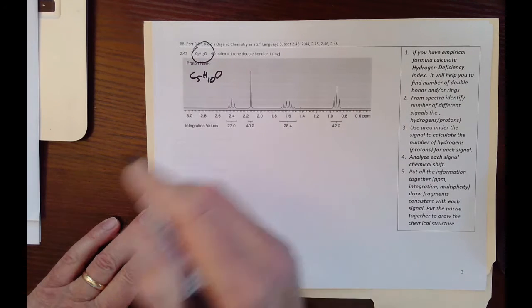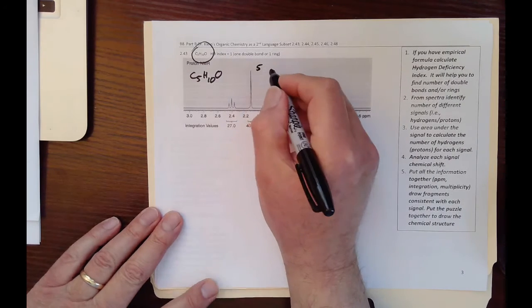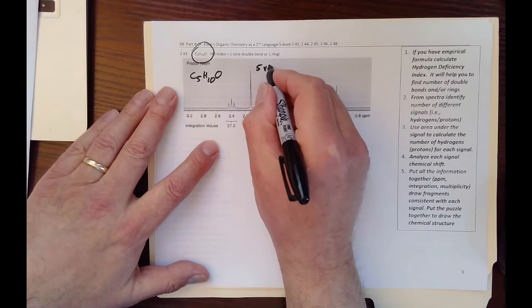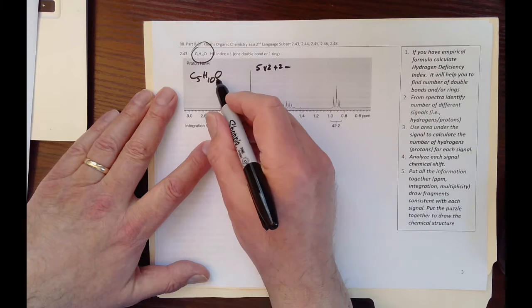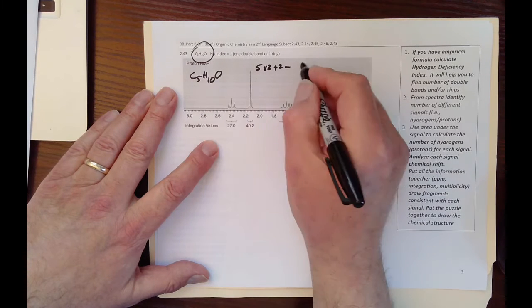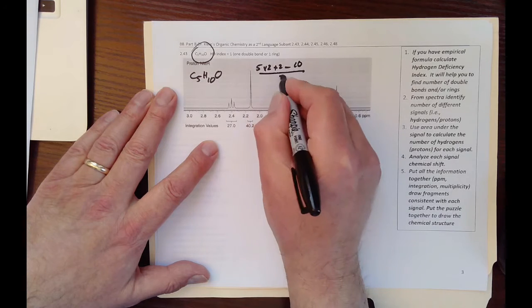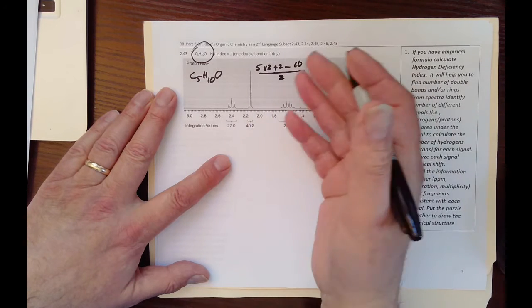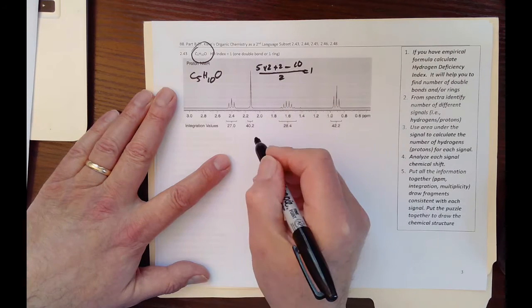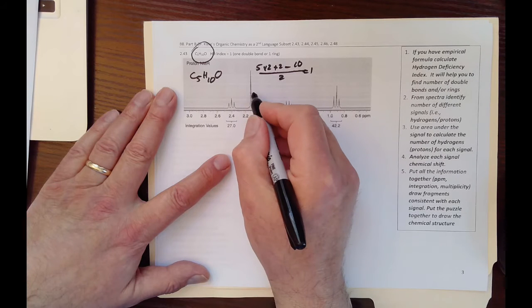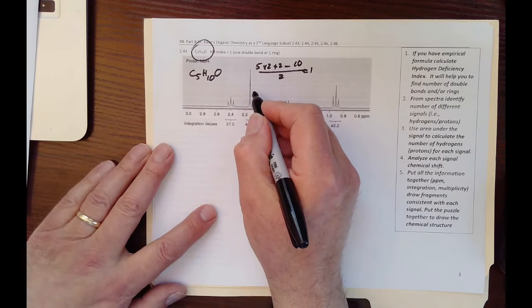So let's measure the hydrogen deficiency. We have 5 carbons times 2 plus 2, remember, minus the existing 10 hydrogen, divided by 2. So if you do this, 12 minus 10, it's 1. So we have one double bond or a cyclic structure.